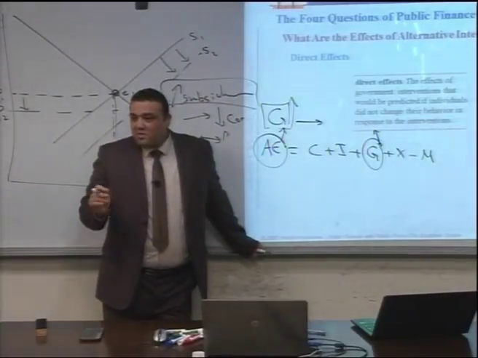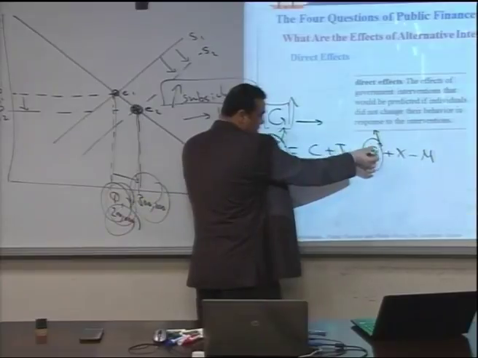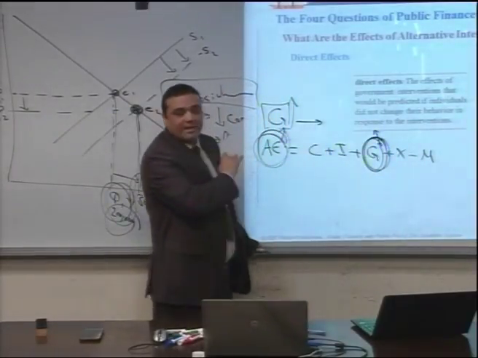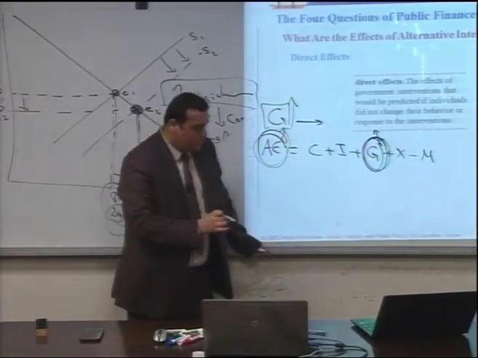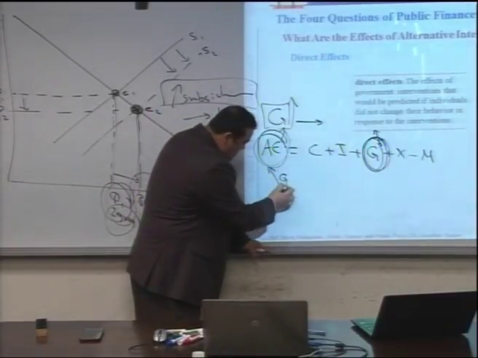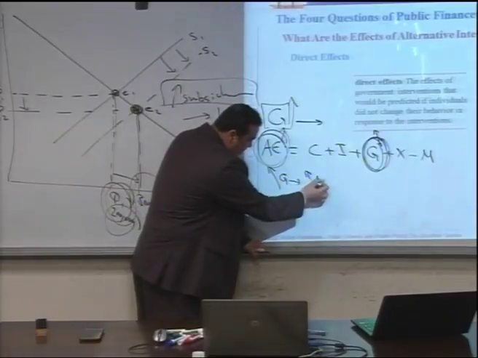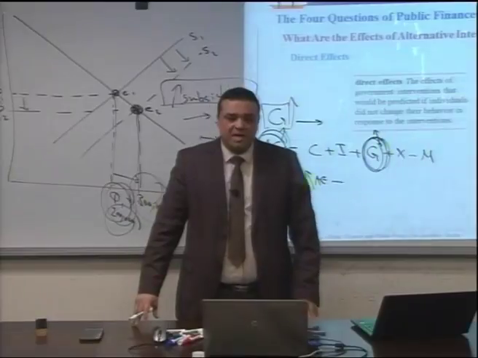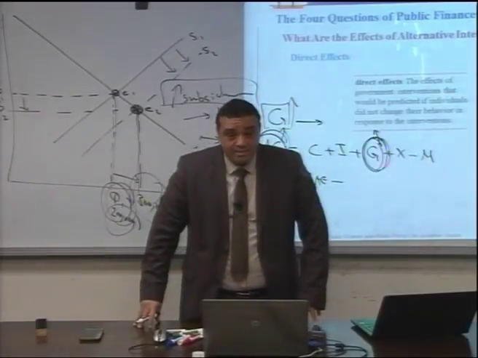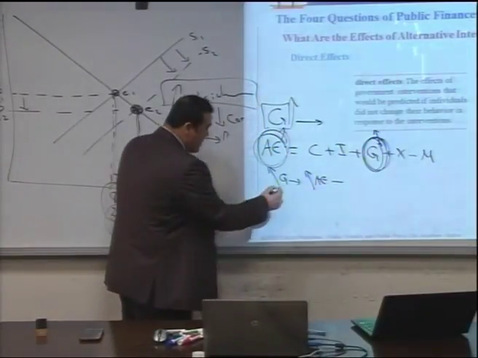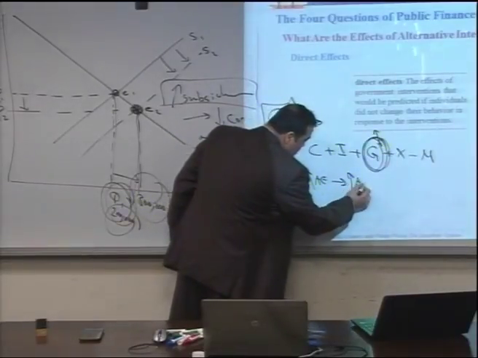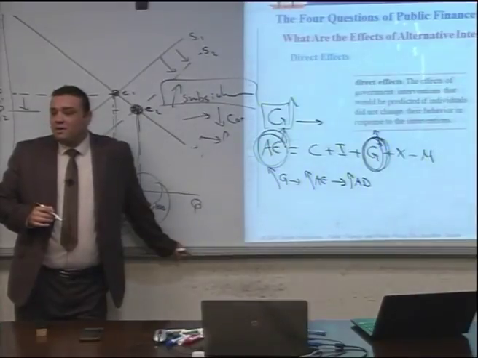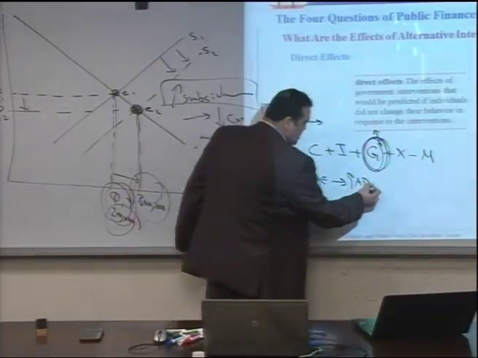Right? So the direct effect of the government spending here is increasing the aggregate demand. Increasing G here leads to increasing the aggregate expenditures. Aggregate expenditure is the aggregate demand. All right? So the aggregate demand for goods and services increased. What will happen if the aggregate demand increases?